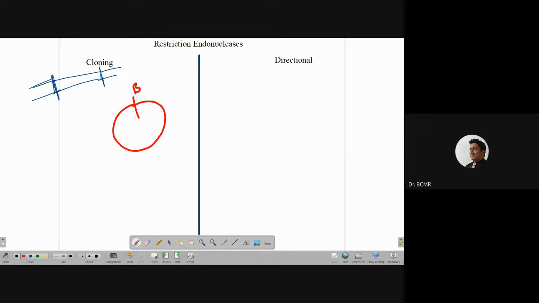Say, for example, this is a BamHI site, and the gene of interest also has a BamHI site. The BamHI restriction site is GGATCC. It will be ideal if you also try to solve these things on paper in your books.